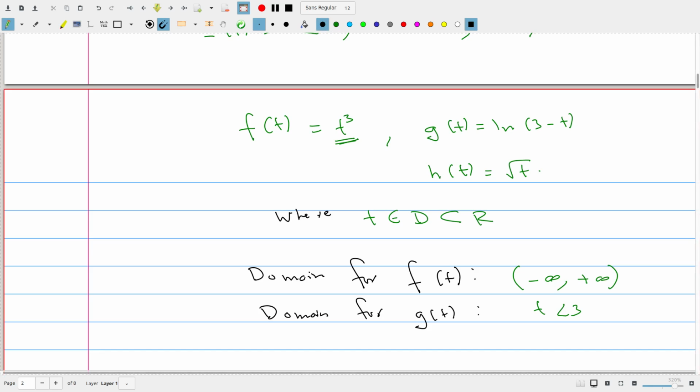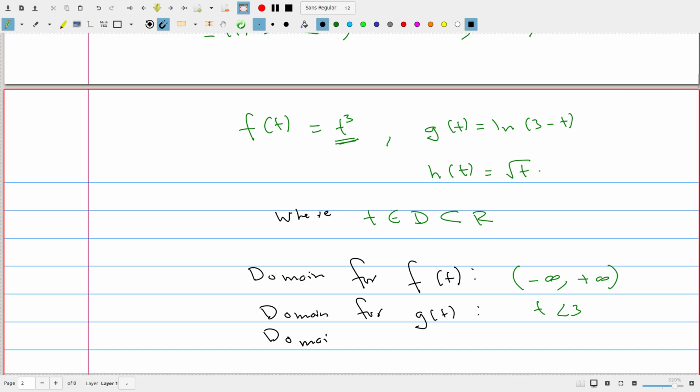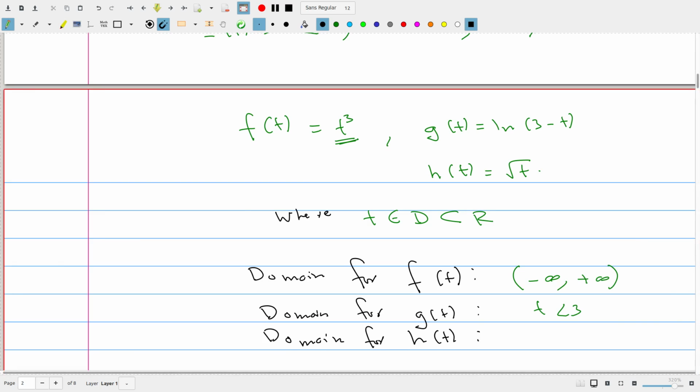And of course, the domain for h(t), notice that h is a function of the square root, is t greater than or equal to 0.